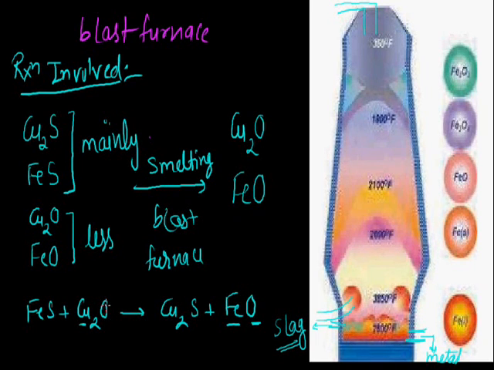So the oxygen attaches with iron in place of copper, or we can say that iron displaces copper because the affinity of oxygen is more towards iron than copper.